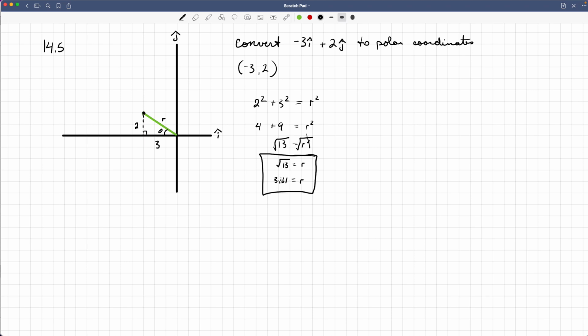All right, so now that we have that, now we can find the tan to find the degree of measure. Because remember, SOH CAH TOA, the tangent of theta is equal to the opposite, which would be 2, over the adjacent, which is 3.